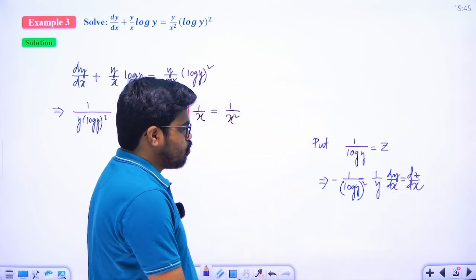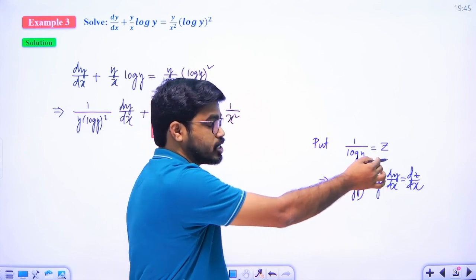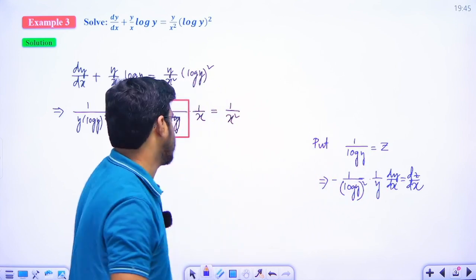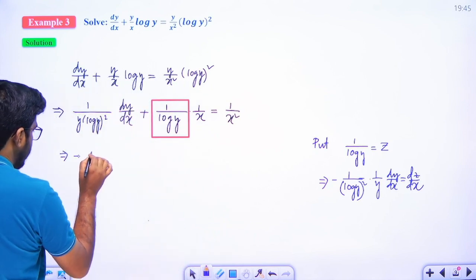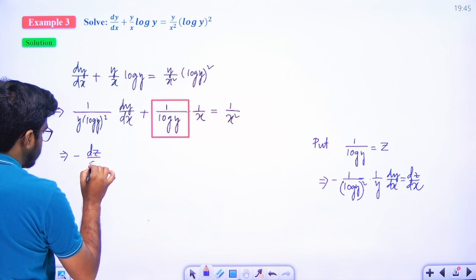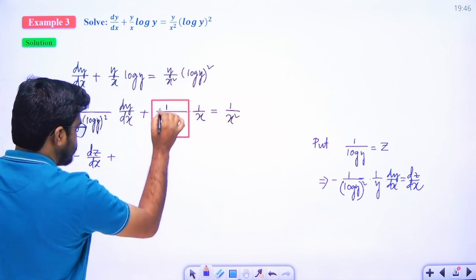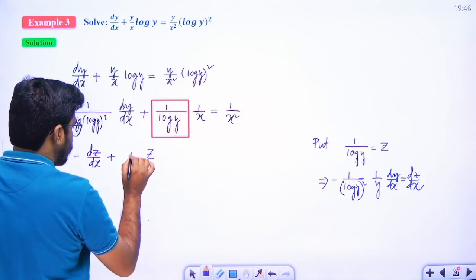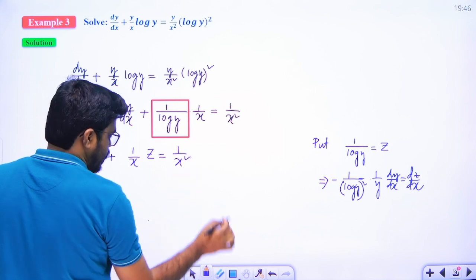So ultimately what we get, 1 by log y square y dy/dx is minus dz/dx. So this implies minus dz/dx plus z into 1 by x equals 1 by x square.